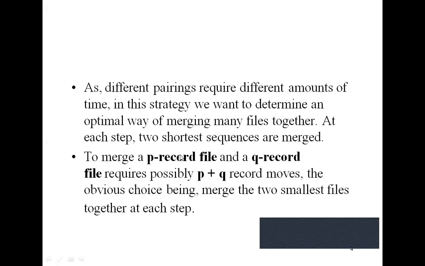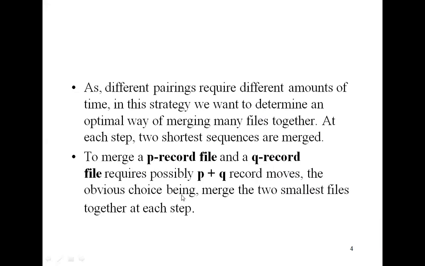That means the first file has P records and the second file has Q records, so merging them gives P plus Q record moves. The obvious choice is to merge the two smallest files together at each step.